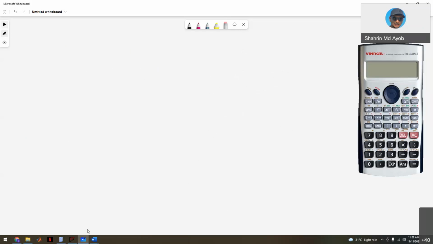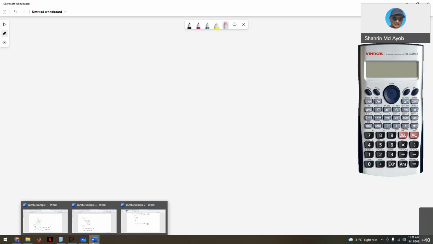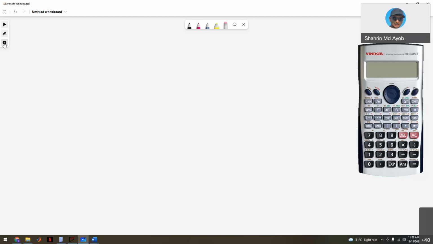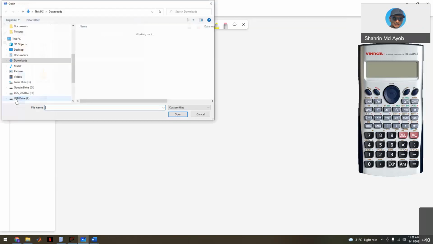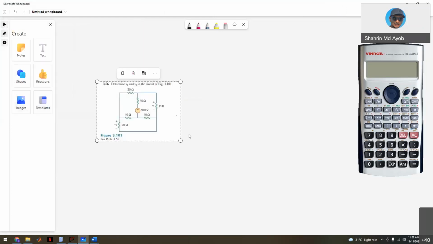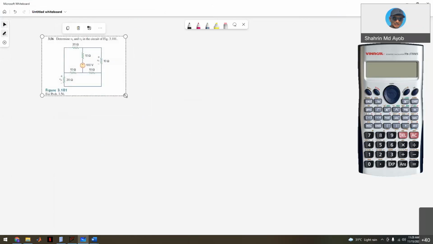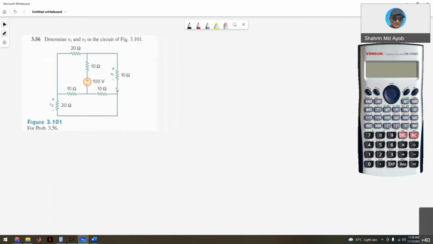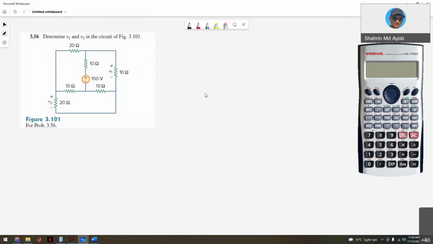Okay, so let's look at the second circuit. This one. Determine V1 and V2 in the circuit using mesh analysis.